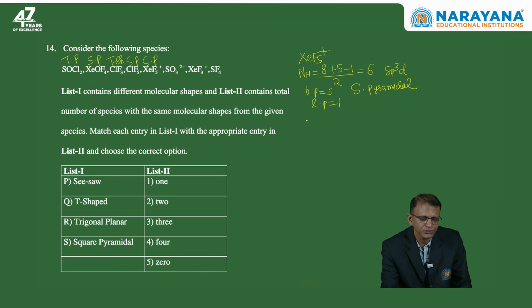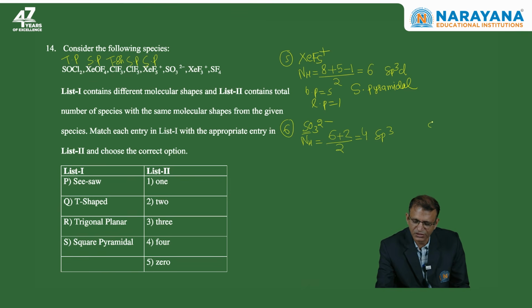Now moving to the next one, the sixth example is SO3 2 minus. We can draw the structure, or we can calculate the number of hybrid orbitals. The central atom is sulfur, valence electron is 6. It has taken 2 electrons, divided by 2. So this is going to be 4. Hybridization is sp3.